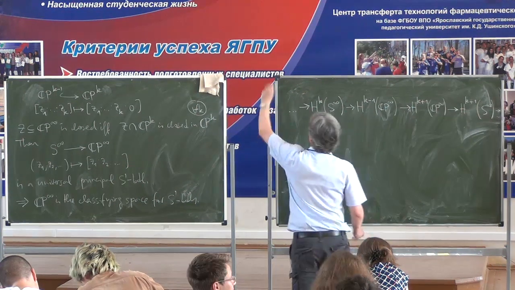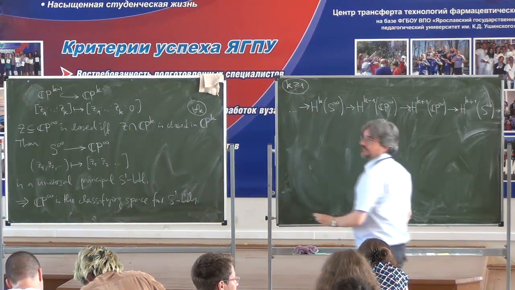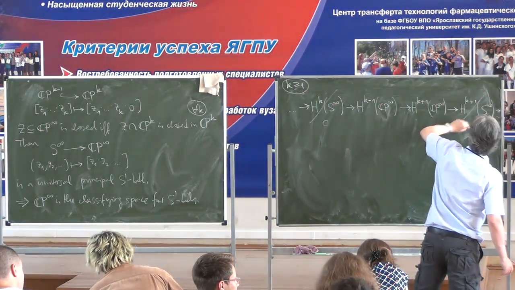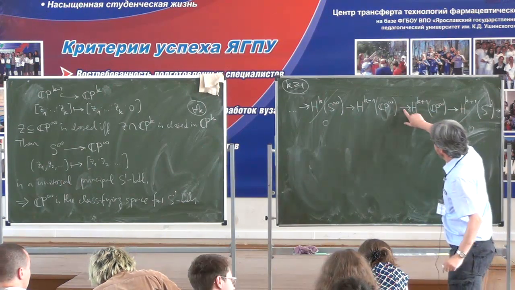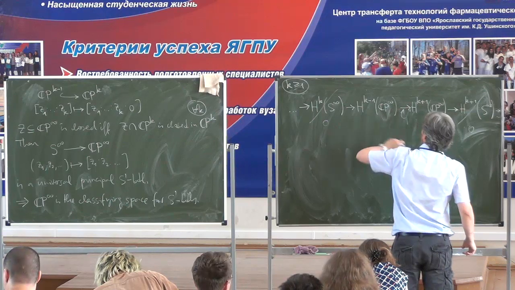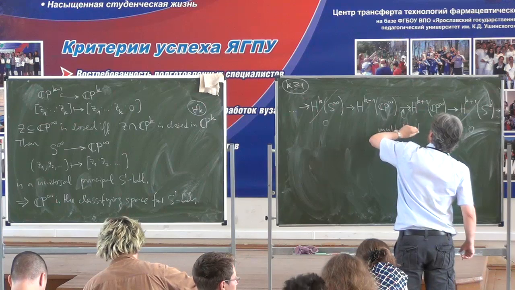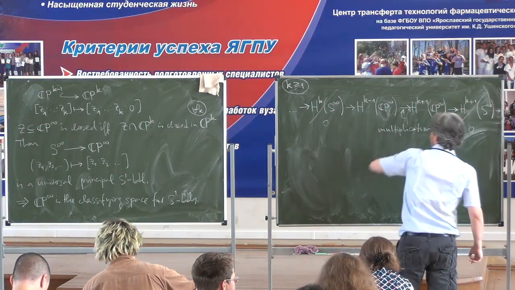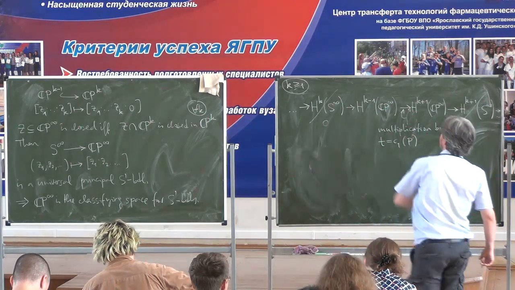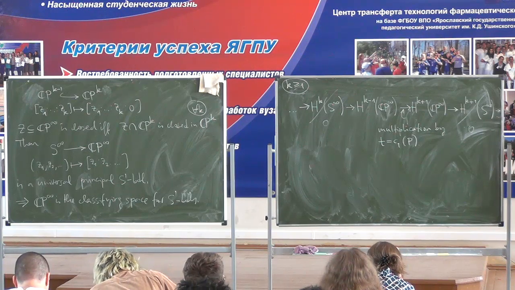So assuming that k is bigger or equal than 1, this is 0, and this is 0. And we know that this morphism is multiplication by, let's give it a name, t equal to the first Chern class of P.